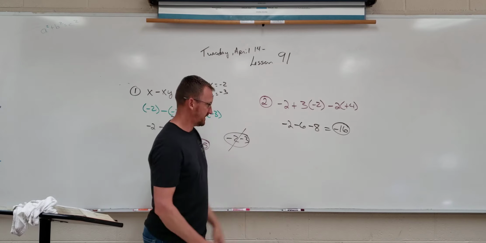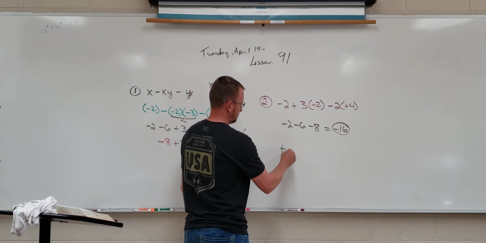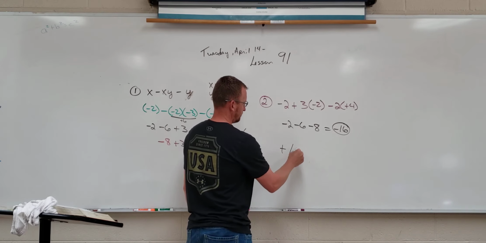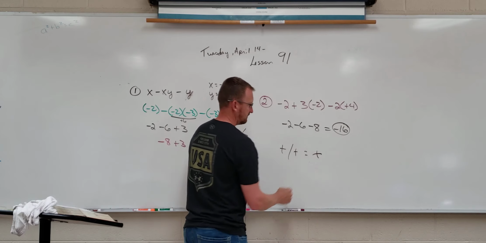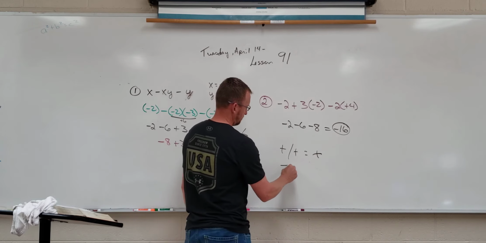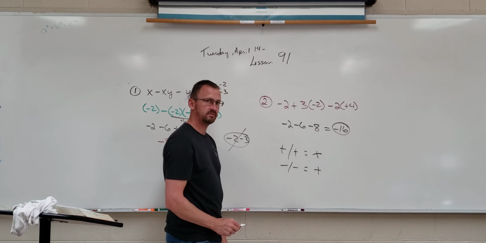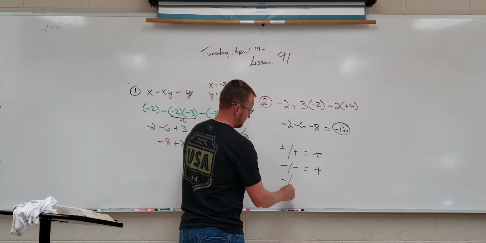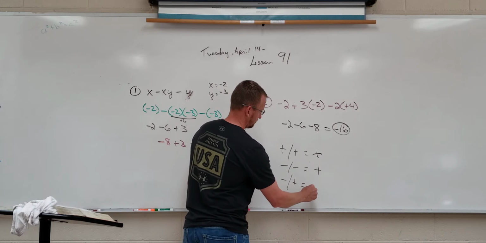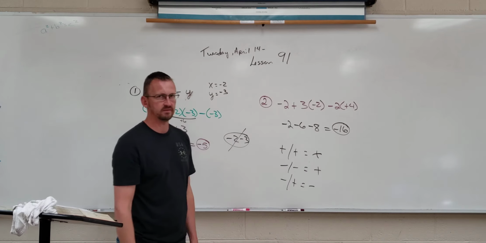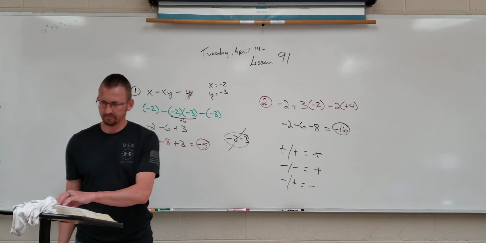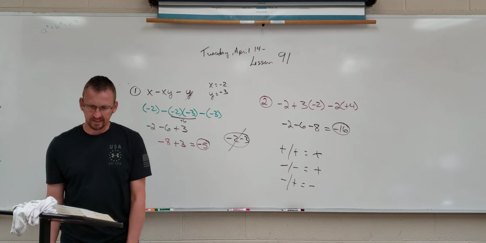Pay attention to our signs. Again, when we're multiplying positives, answer is positive. Multiplying two negatives, answer is still positive. Signs opposite, then we end up with a negative answer. Okay? So lesson 91.